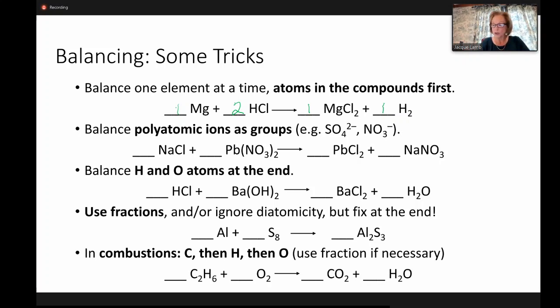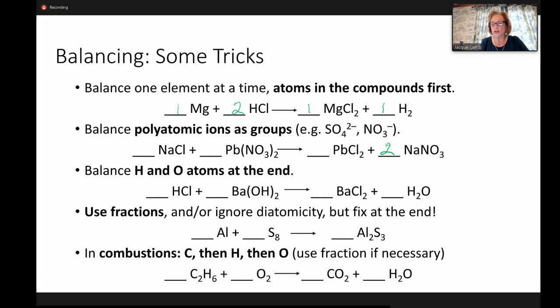Another trick you can use is you can balance polyatomic ions as a group. So sulfate or nitrate, those can be done as a group. And if you look at this particular equation, you see that there are 2 nitrates on this side and 1 nitrate on the opposite side. So I can balance that by simply putting 2 in front of the sodium nitrate.